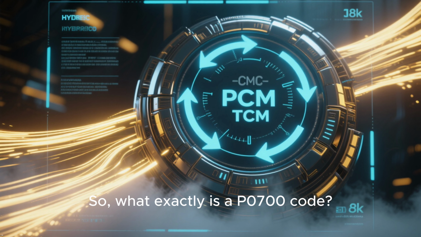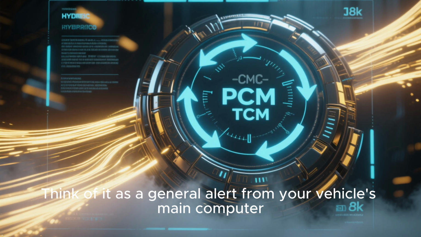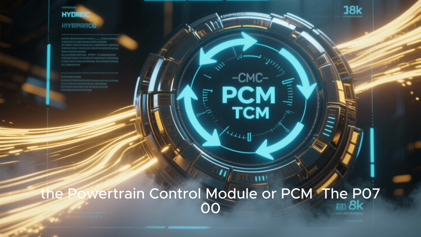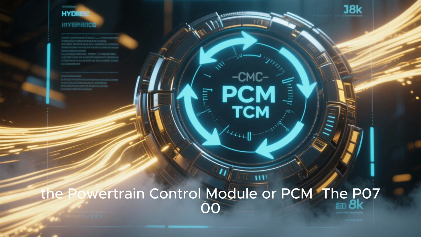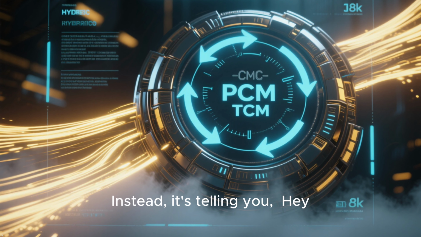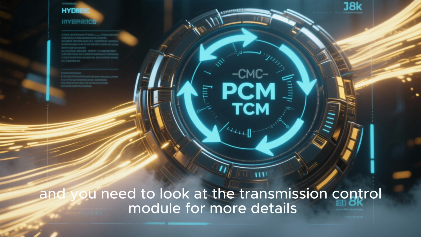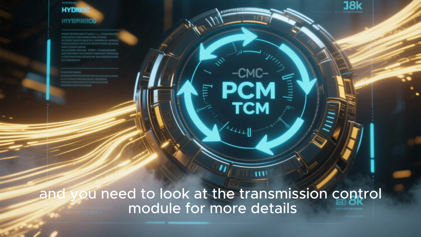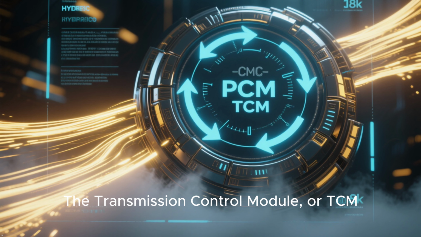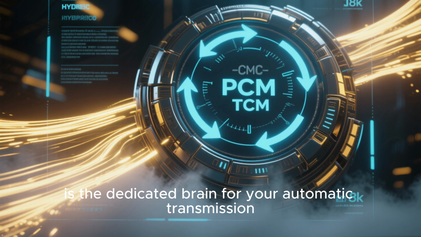So, what exactly is a P0700 code? Think of it as a general alert from your vehicle's main computer, the Powertrain Control Module, or PCM. The P0700 code itself doesn't point to a specific problem. Instead, it's telling you, hey, there's an issue, and you need to look at the Transmission Control Module for more details. The Transmission Control Module, or TCM, is the dedicated brain for your automatic transmission.